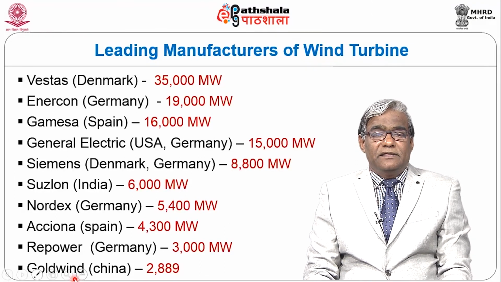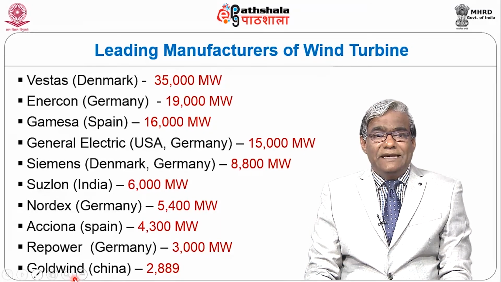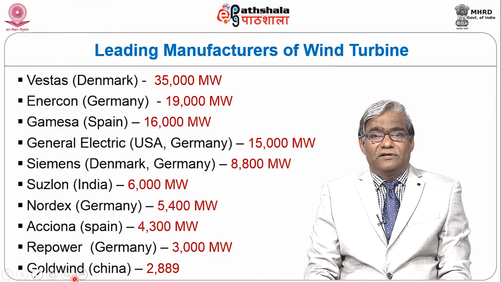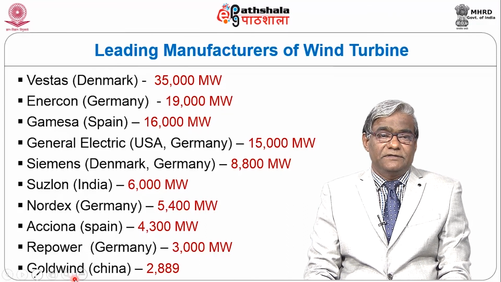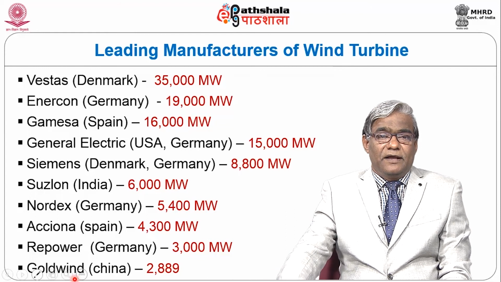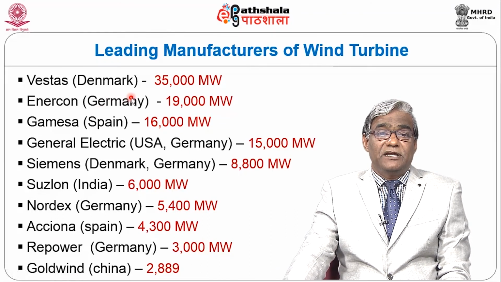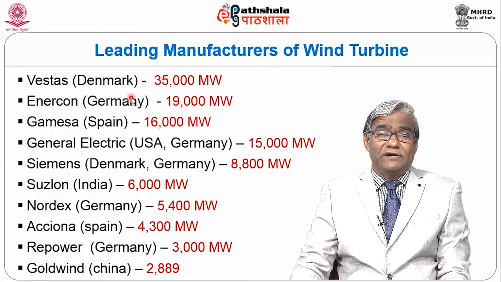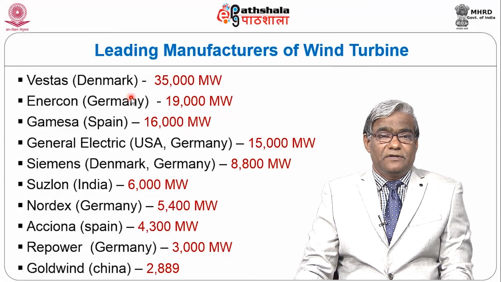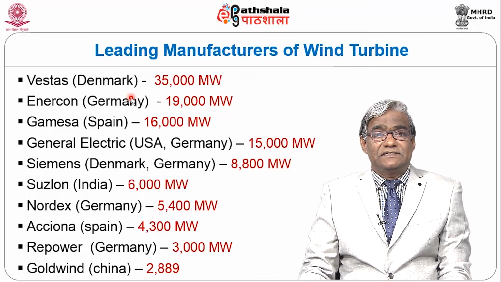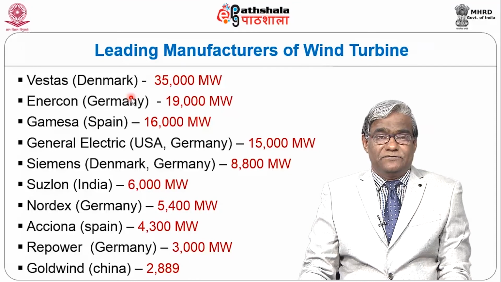And these are the leading manufacturers of wind turbines. Vestas is a Danish company in Denmark, and they have installed about 35,000 megawatt capacity around the world. Vestas is a pioneering company, situated all over the world.